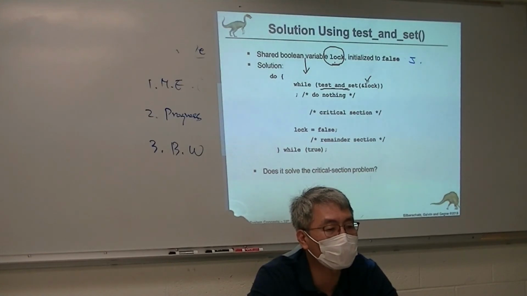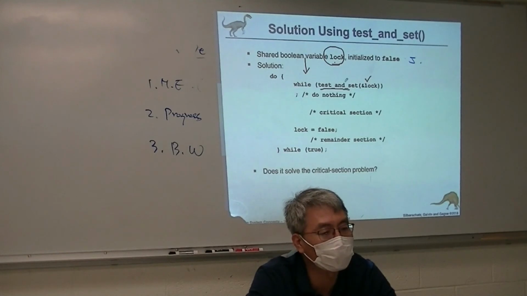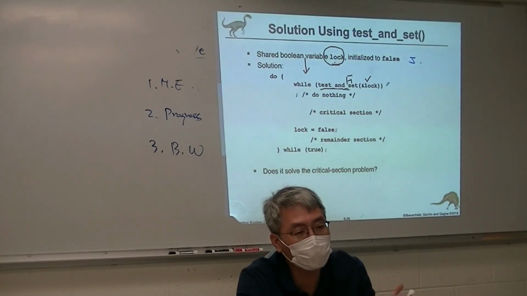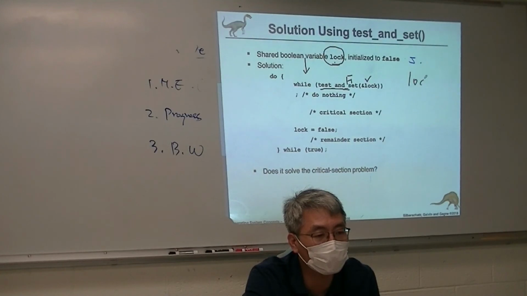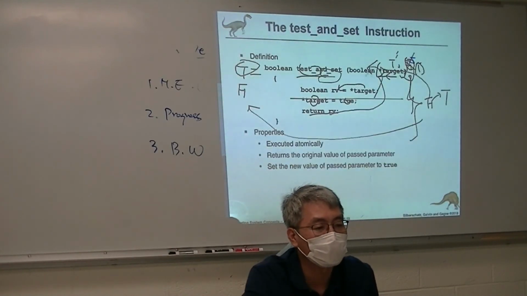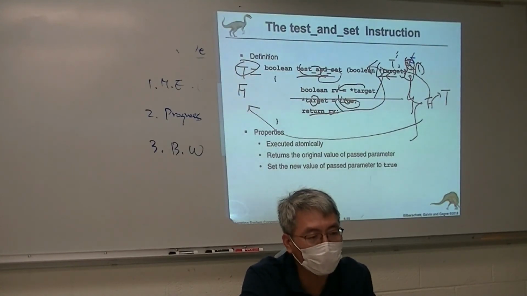So what is the output? Always the same as the input. So it's false. Then inside, the input value will be changed to true. So the lock is changed to what? True. Okay? In test and set, one more time, it returns the same as the input, but inside, the value is always changed to true.